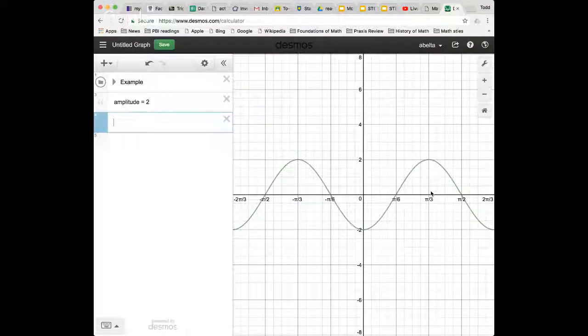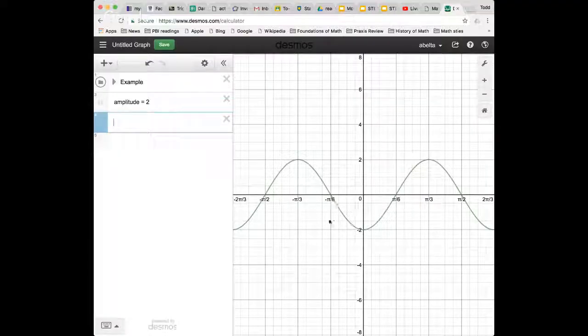A sine definitely starts at its midline, so we would think about a sine curve starting here and then moving over. But it could be a cosine curve shifted over as well, right?